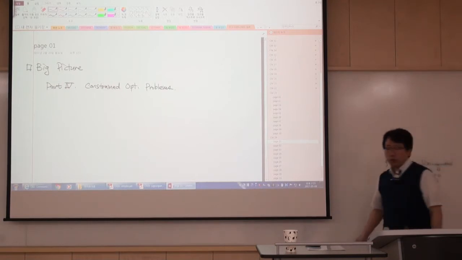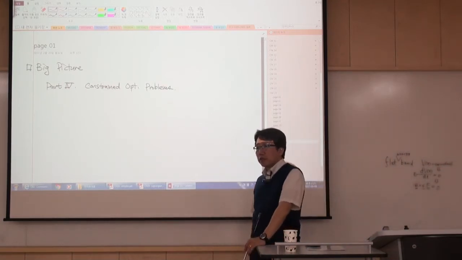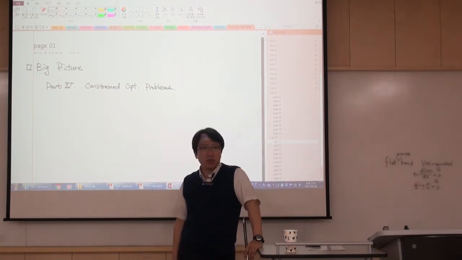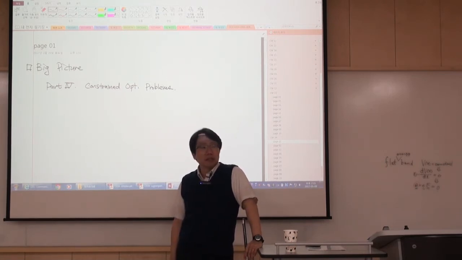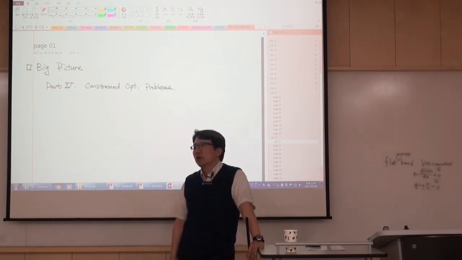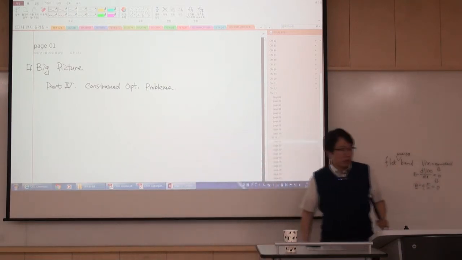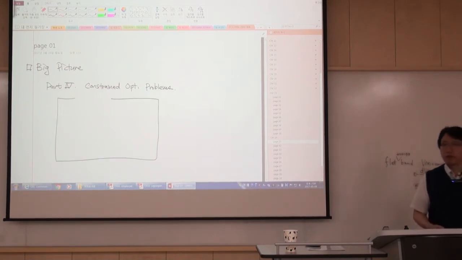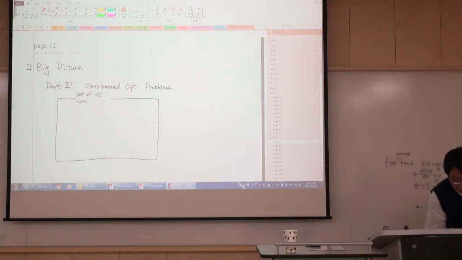And we will study this very intensively, because most of our interesting and important optimization problems not only have complicated objective functions, but also have complicated constraints. So let me give you this Venn diagram I've drawn a lot of times already. This is the set of all constrained problems.